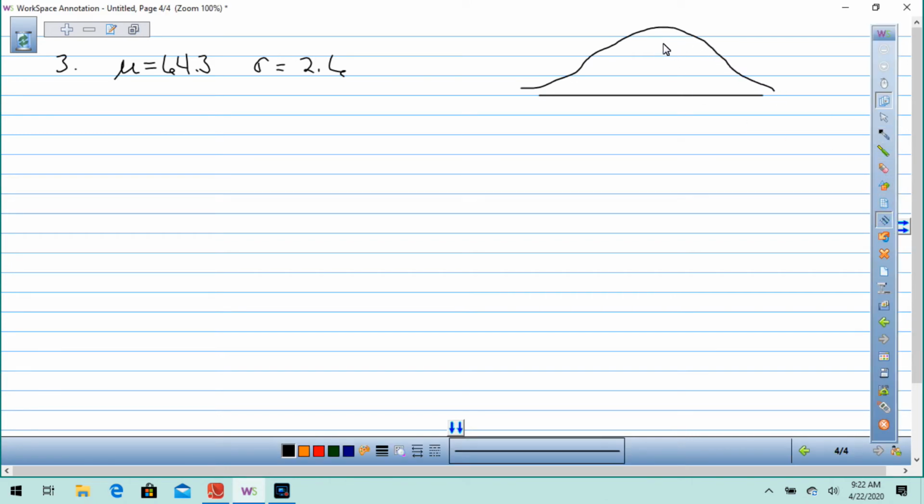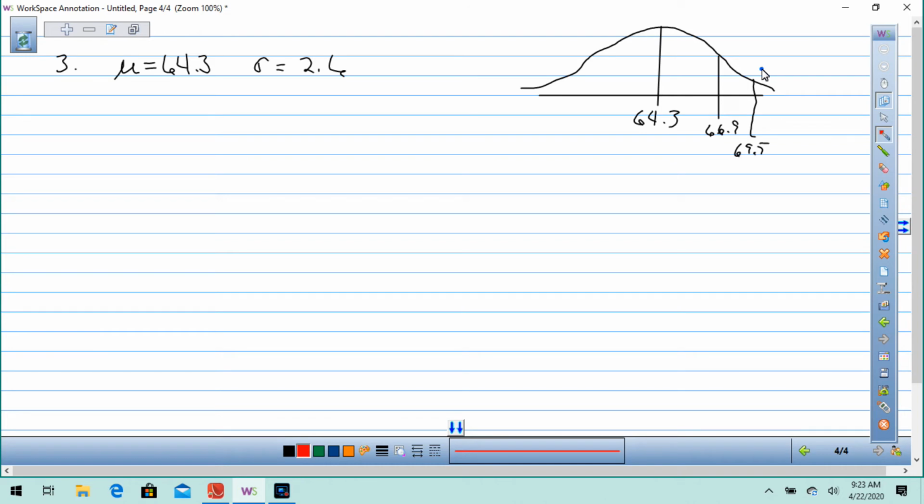Now our mean is going to be 64.3, and then one standard deviation to the right, we're going to add 2.6 to that, so that's 66.9, I believe, 66.9, and 69.5 would be 2 standard deviations, 69.5, and we're looking for 70 inches.